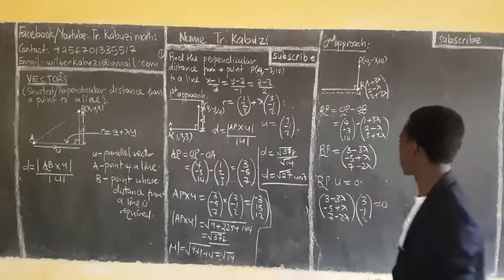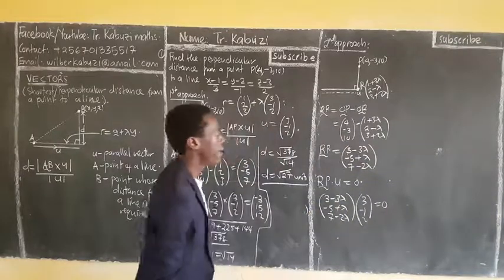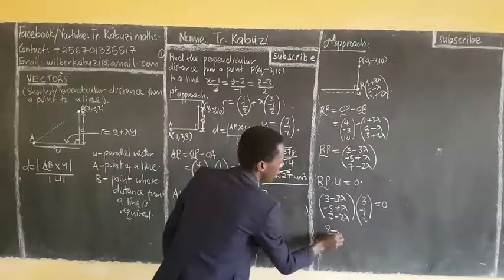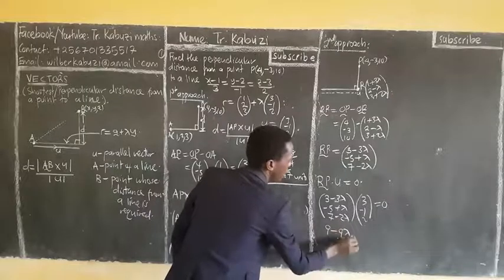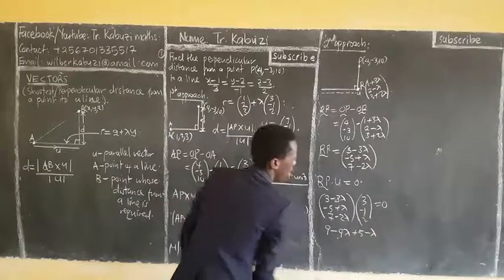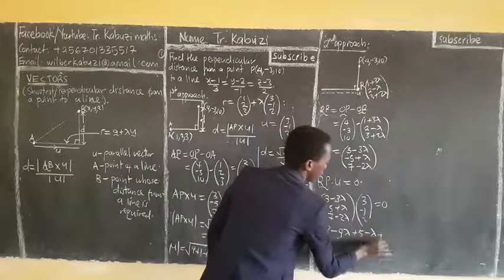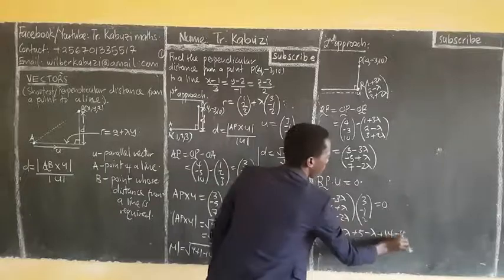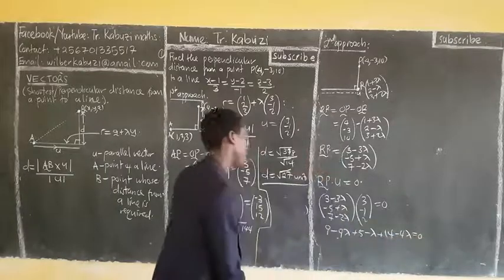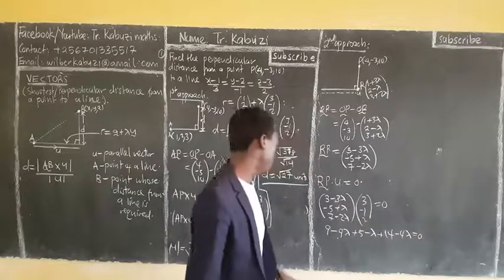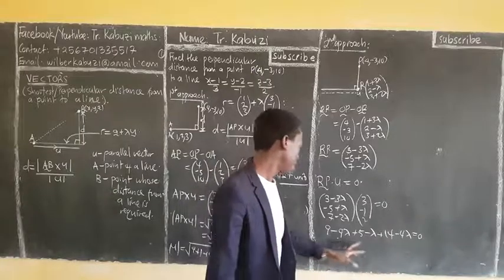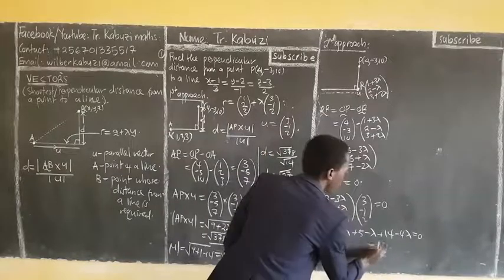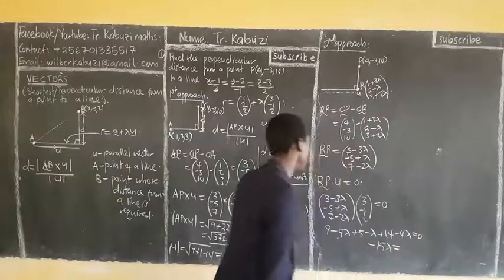This is equal to 0. Now we solve and we get the value of lambda. So when I add this, I'll be having this and this will give me negative 10. This will give me negative 15 lambda equal to 2.